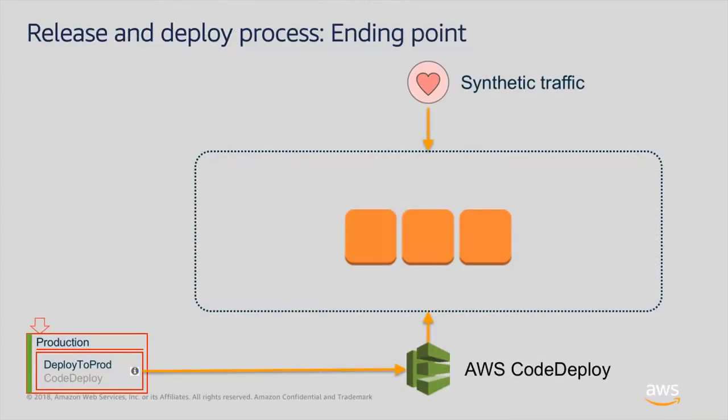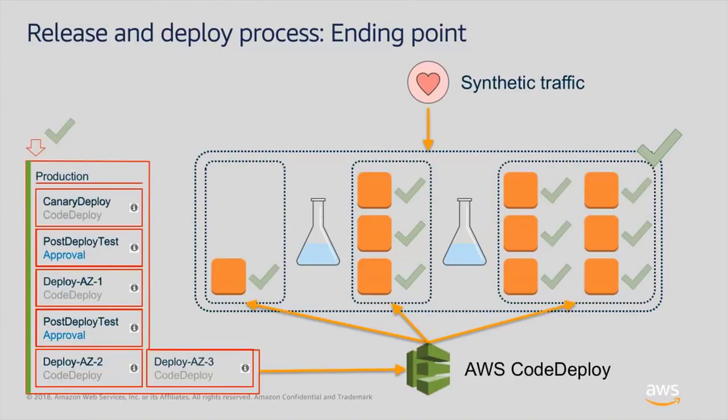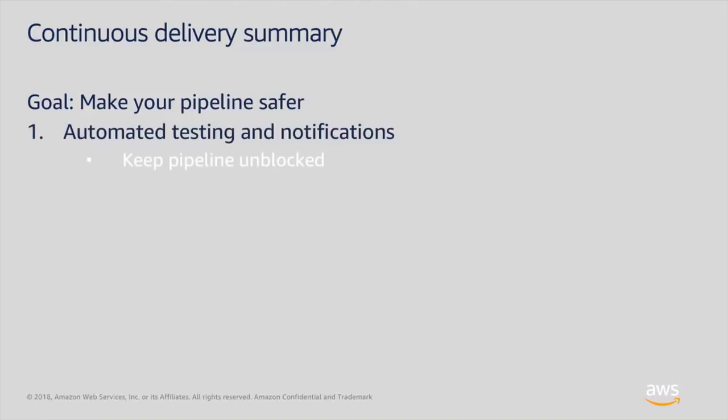You can see that all things are healthy, and we've evolved from having no automation to a high degree of automation, but a high degree of safety checks along the way. And you can evolve these as you go and make it work better for your team and the specific requirements of your process. So the idea is we want to make pipelines safer.